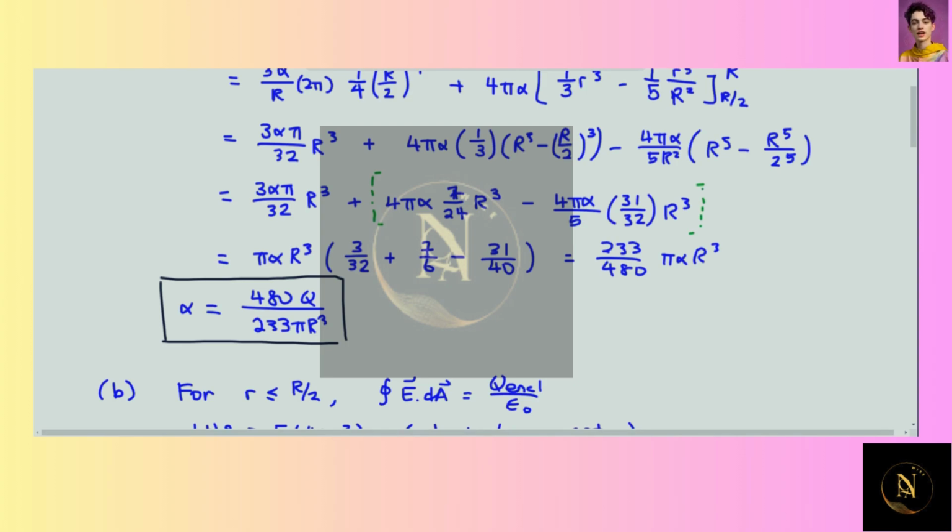So if you combine this 7 over 6 minus 31 over 40, you get 47 divided by 120.